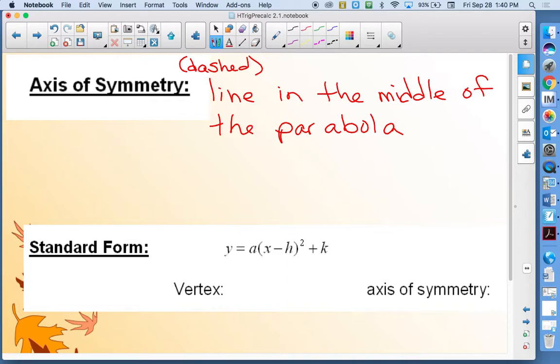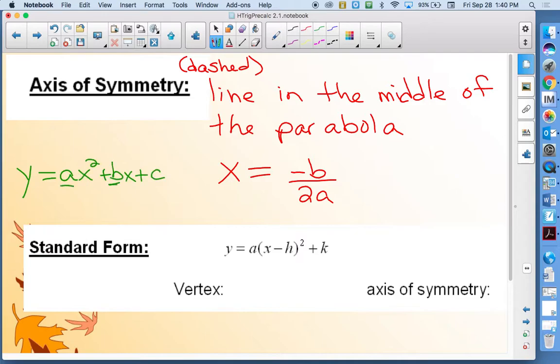Does anybody remember the little formula to find the axis of symmetry? There was a tiny little formula in x equals. Ooh, Grace. Nice job. So x equals negative b divided by 2a is a tiny little formula of a parabola that we use when we have ax squared plus bx plus c.